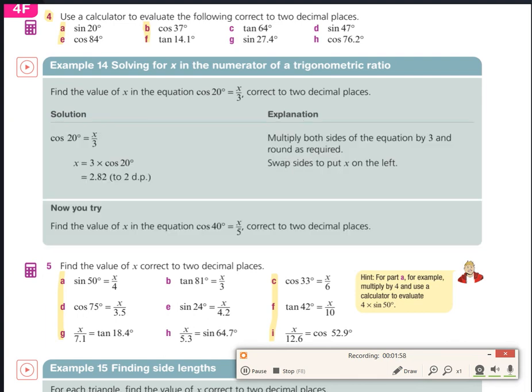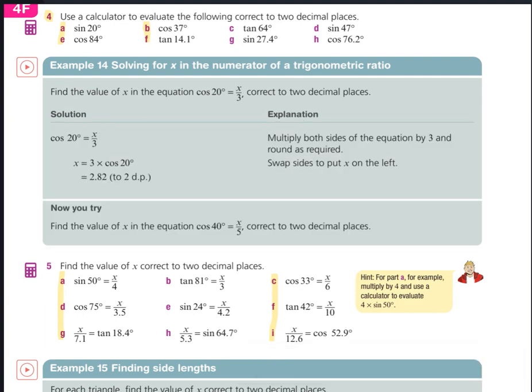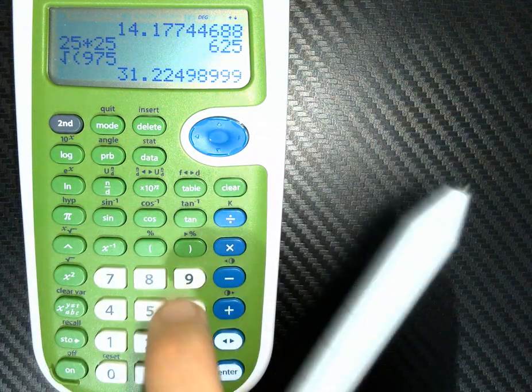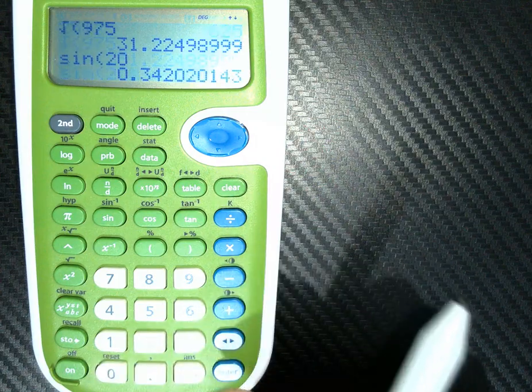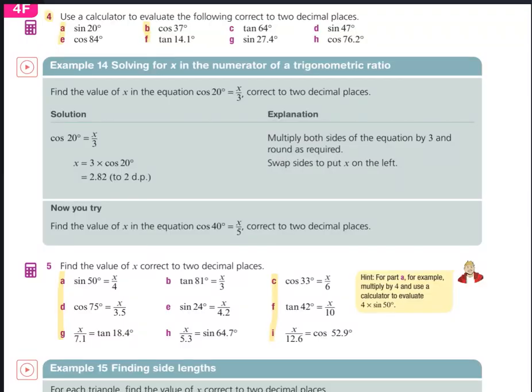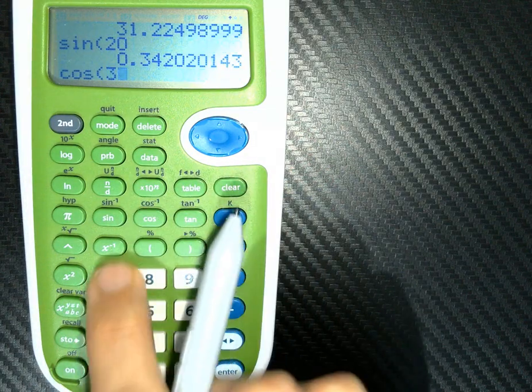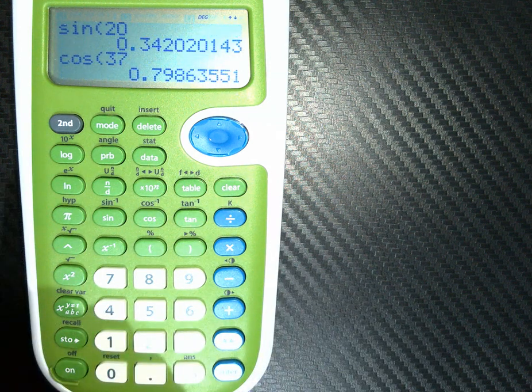I go to my trusty calculator and do sine 20. 0.342. It only wants two decimal places, so it stays at 0.34. Next one, cos 37. 0.79, which will round up to 0.8.